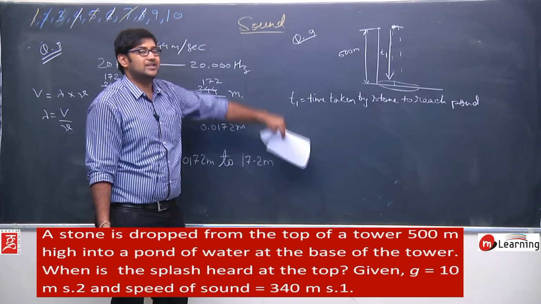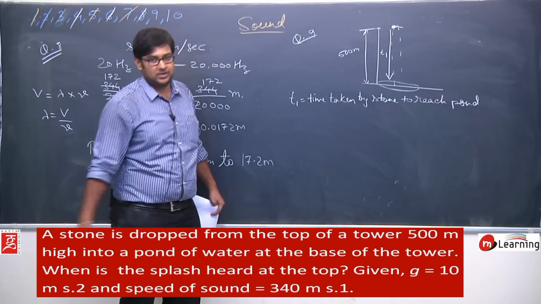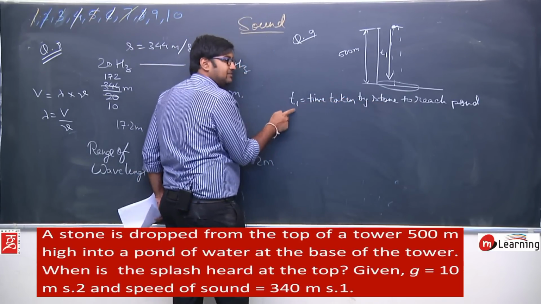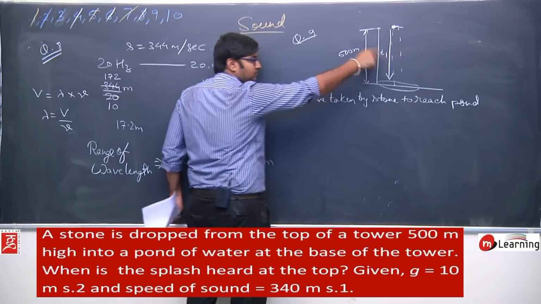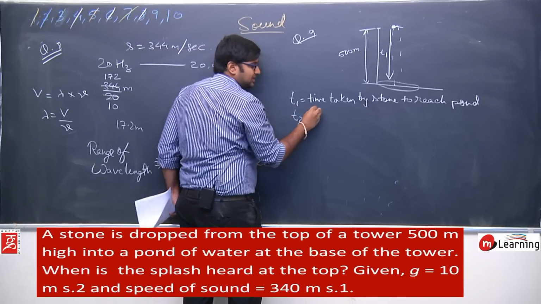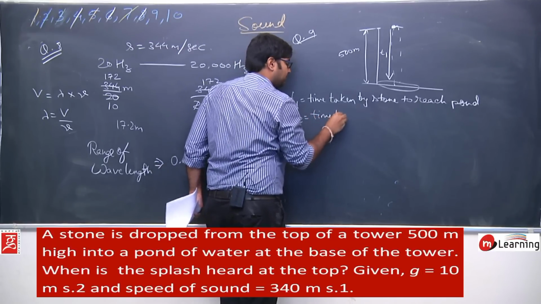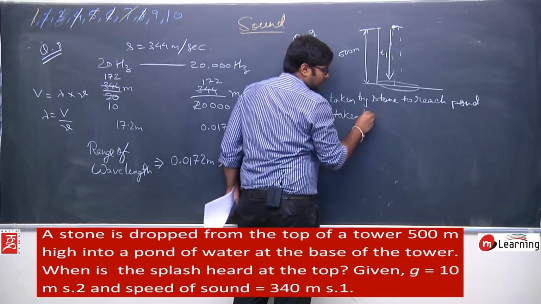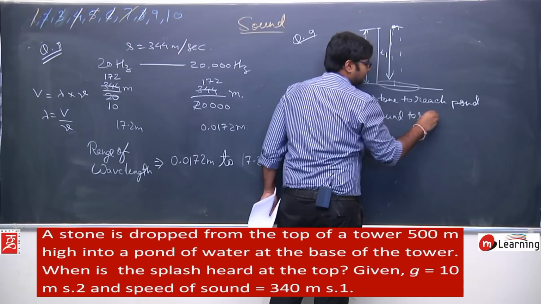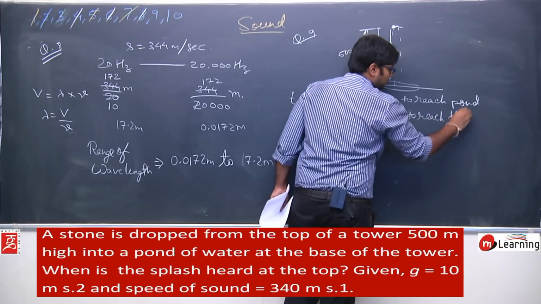If the stone does not reach the pond, how can the splash happen? So that's why the time taken by the stone to reach the pond is T1, and T2 is the time taken by the sound to reach the top.